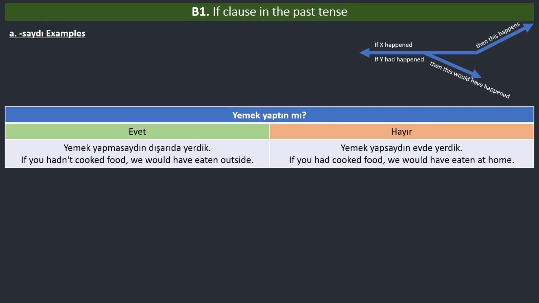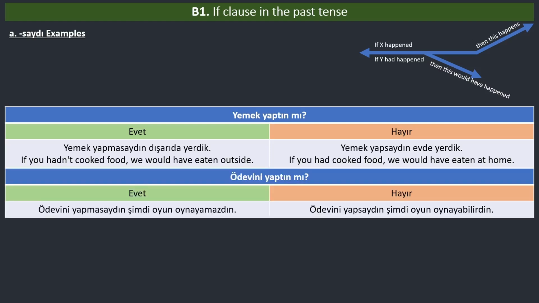So this is like we are going to eat outside or we are already eating outside, but I'm talking to you and I'm saying like if you cooked food, we wouldn't have been here right now. Instead of this outcome, we would have been at home and we would have eaten at home. Okay? I hope this is not too confusing.